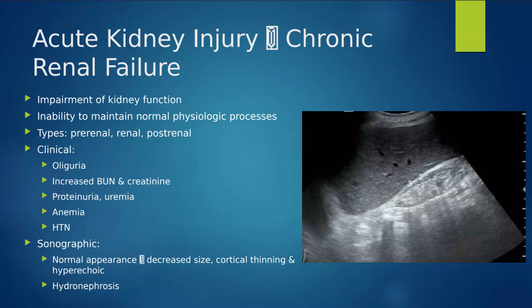Clinically, the patient is going to have a wide variety of symptoms with both acute kidney injury and chronic renal failure. On ultrasound, we're going to see that progression of that normal kidney appearance as it starts to decrease in size, our cortex starts to thin, it starts to become more hyperechoic. So really the start of the renal failure is the acute kidney injury.